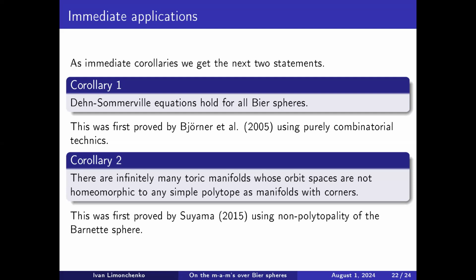Still, we do not have a concrete example of a non-polytopal Bier sphere, as I mentioned, but we have a result that the majority of Bier spheres are non-polytopal, and combining it with our result, it means that all those give us infinitely many examples of such toric manifolds. Yusuke used the non-polytopality of the famous Barnette sphere, a 3-sphere with 8 vertices. So it's actually an absolutely different idea from the theory of Bier spheres, but we see that Bier spheres applied here give a different proof of this result.